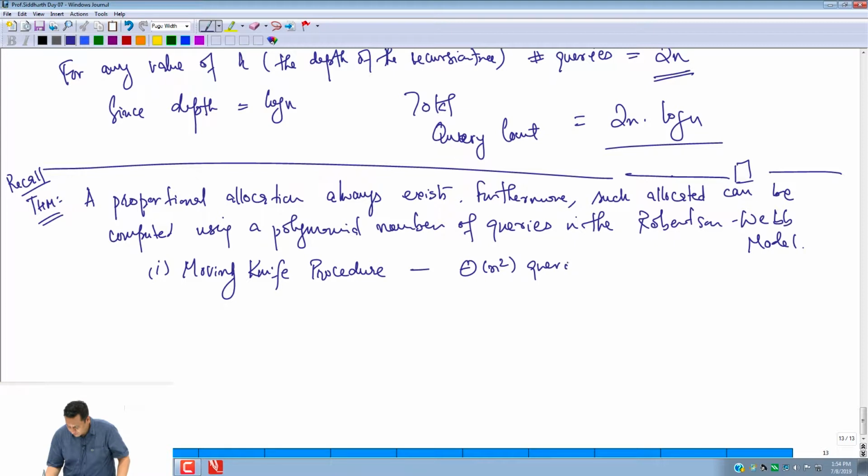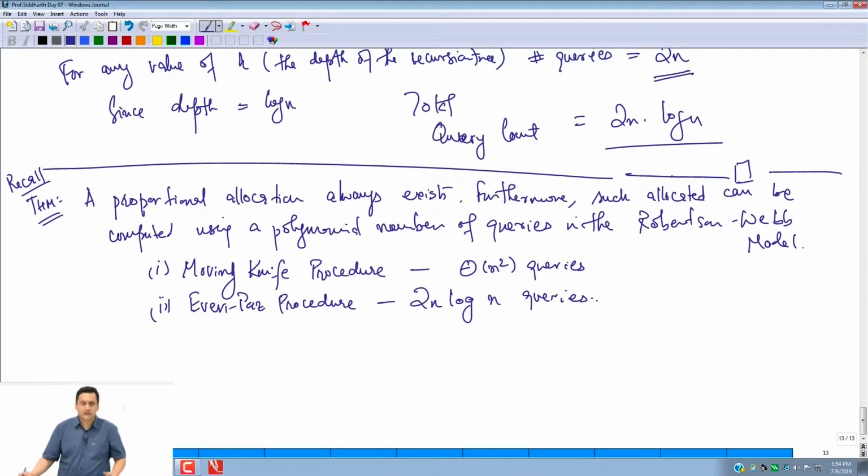N again is the number of agents in my fair division exercise, and the second one we saw was this recursive algorithm by Even and Paz, and this required, in fact, 2n log n queries. So the number of queries is proportional to the sorting thing.